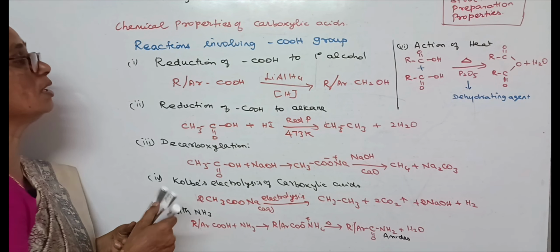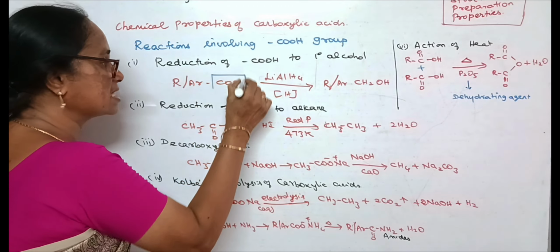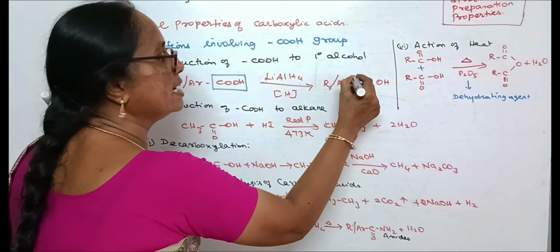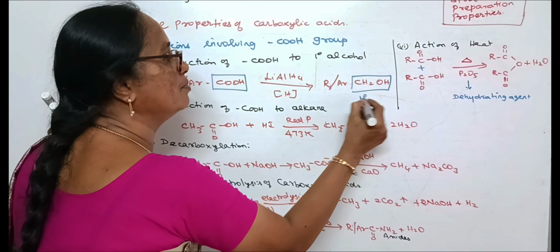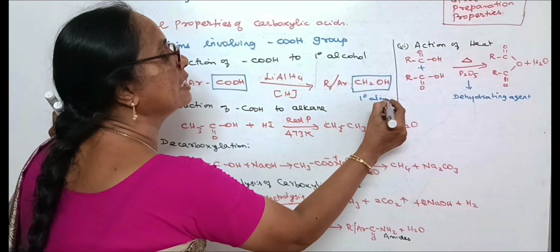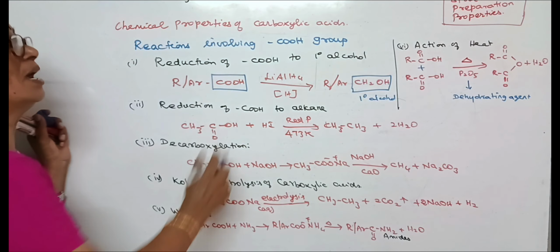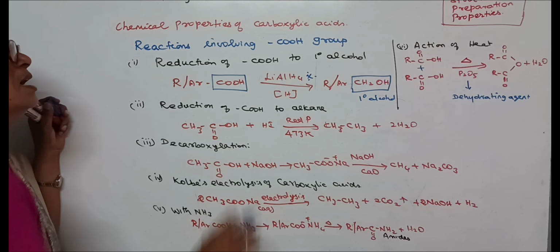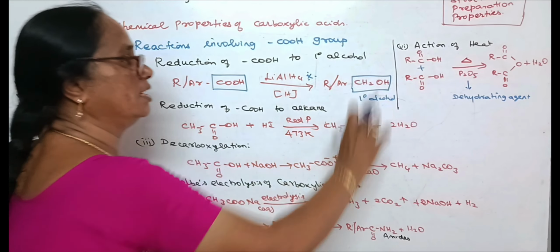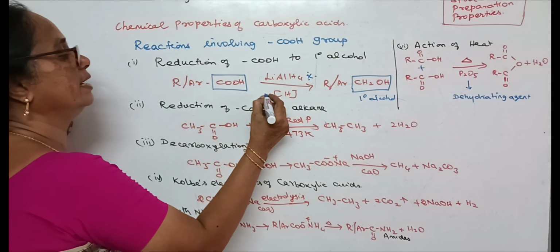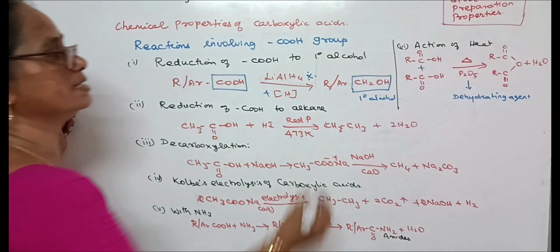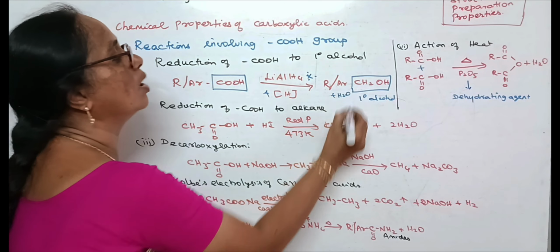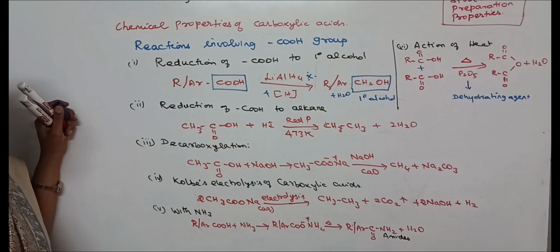We have to remember, upon the reduction of carboxylic acid, it always gives a primary alcohol, and the reduction is usually carried out in presence of lithium aluminum hydride only. So COOH is converted into CH2OH. It involves 4 hydrogens, so there is a loss of water molecule also.